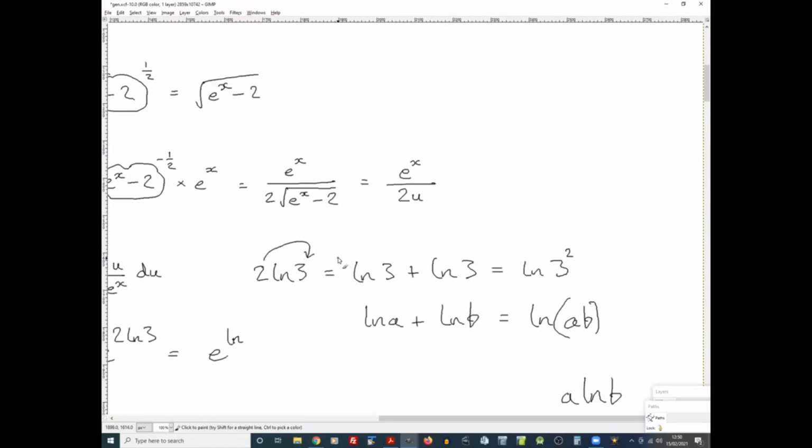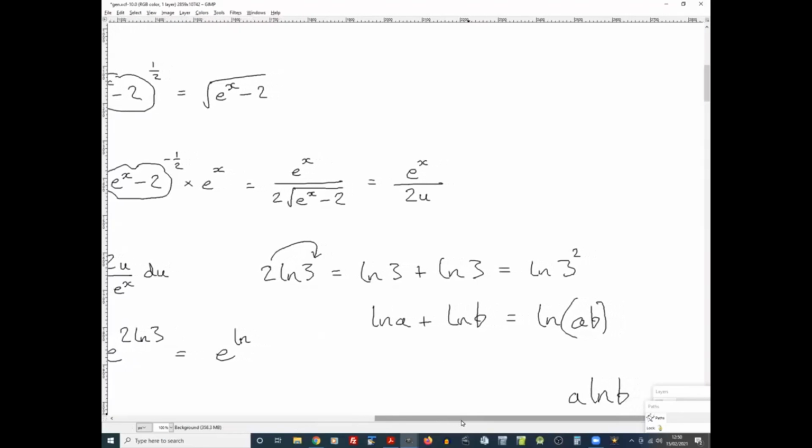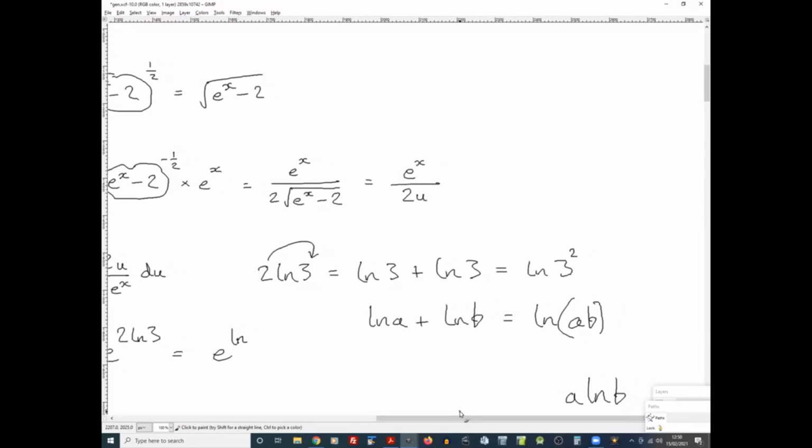And when you've just got log like that, that means log, what do you raise 10 to get that, doesn't it? If it said log without a base, the base is 10 by default. Well, this says natural log of 3, which means the power you have to raise e to get 3.